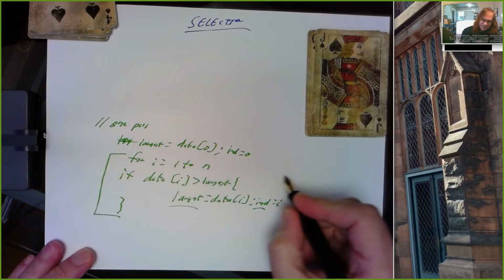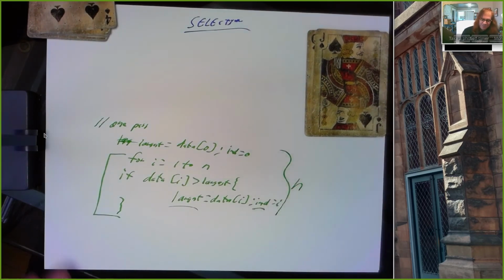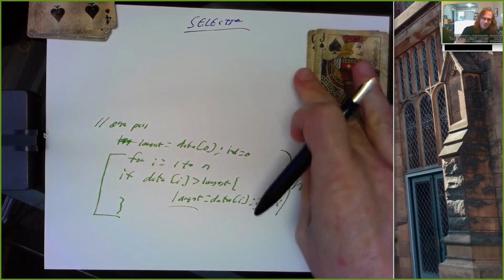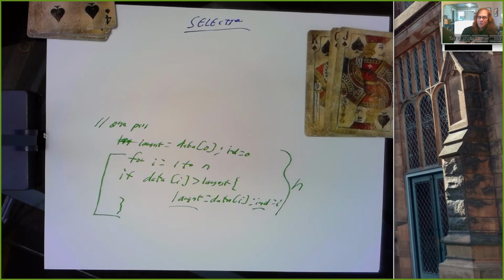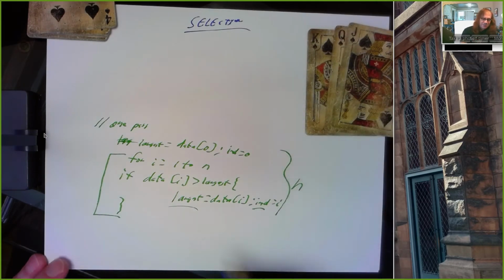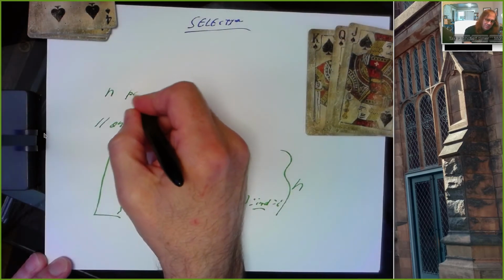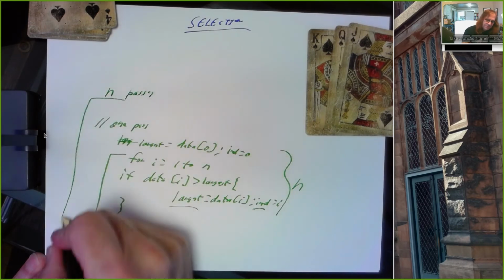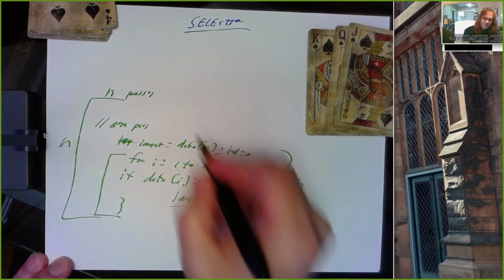So this pass is going to take basically n steps. And for each pass, we select one thing to go into our output pile, which means we need a total of n passes. And that's going to happen n times.